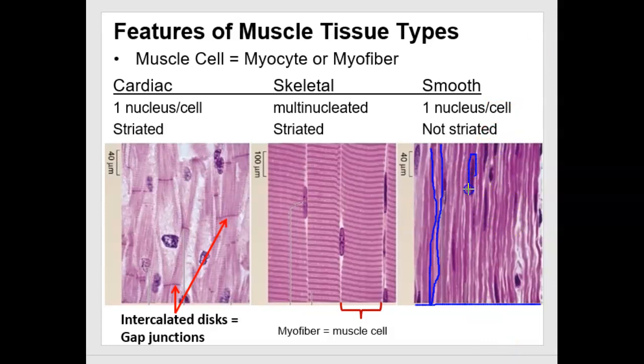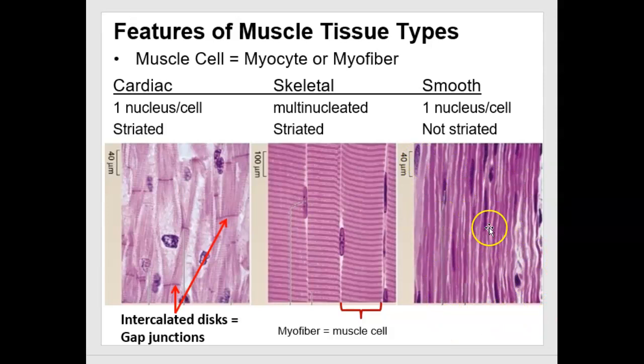Notice that the nucleus is also elongated. And we used to say that a telltale sign of smooth muscle was that the nucleus was cigar-shaped, which means tapered on the ends and thicker in the middle. That isn't very evident in this particular picture. One thing that is evident is that there are no striations visible.